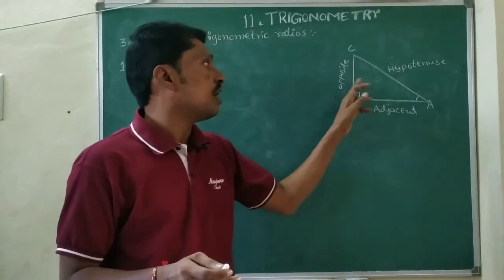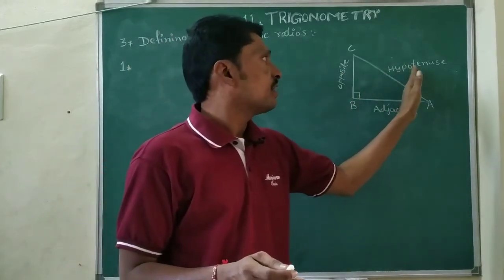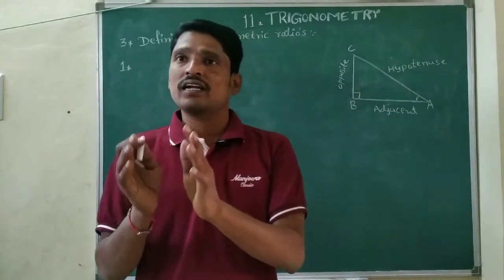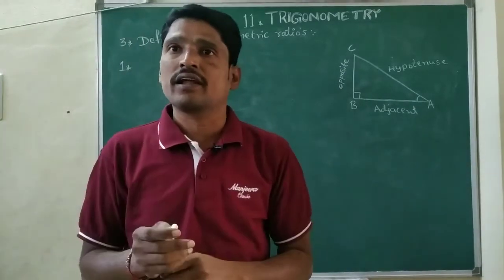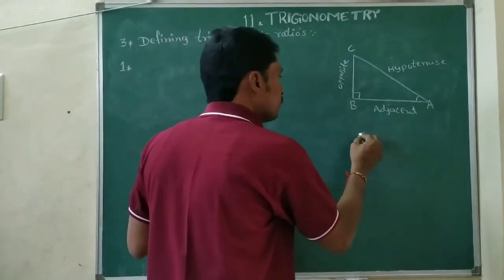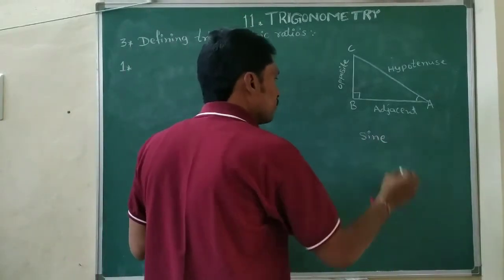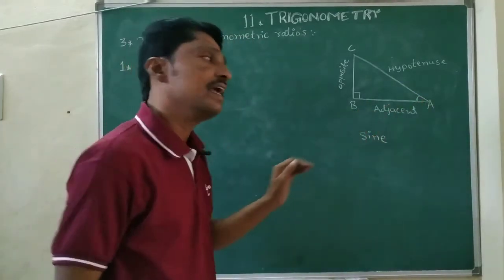The ratio of the opposite side of an angle and its hypotenuse is constant in all similar right triangles. This ratio will be named as sine, S-I-N-E, sine. So here we are taking angle A.